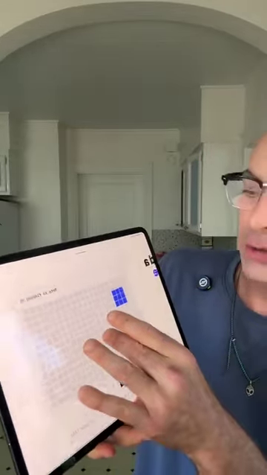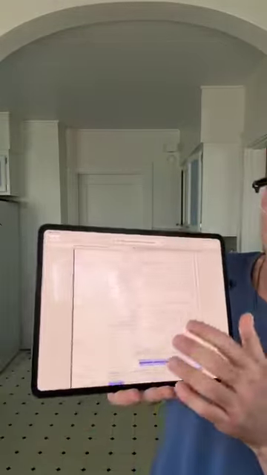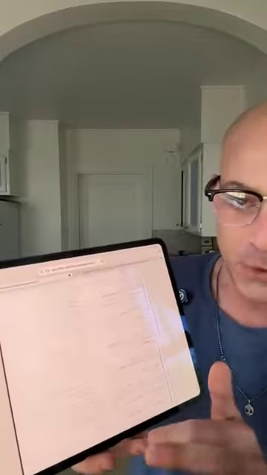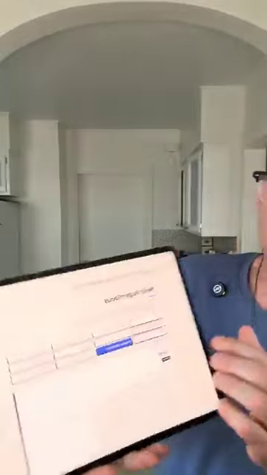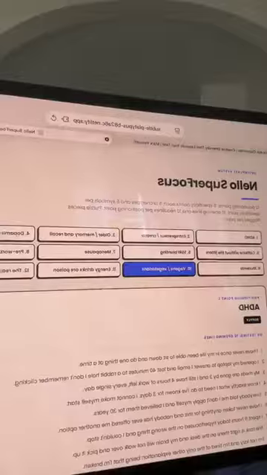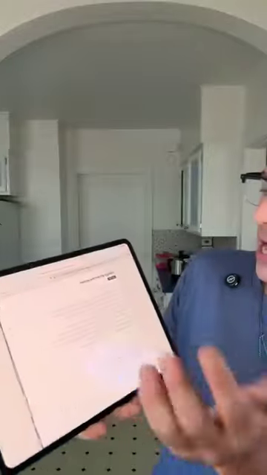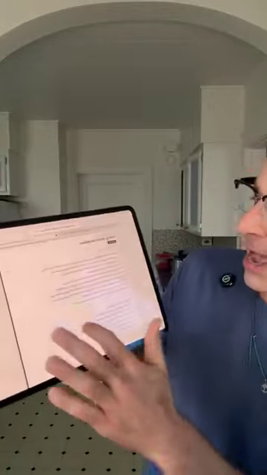So what I do, and that's why, by the way, I did this yesterday. I created all of these positioning points for Nello Super Focus. So, we have all these positioning points. And so each one I go down, I have new opening lines.